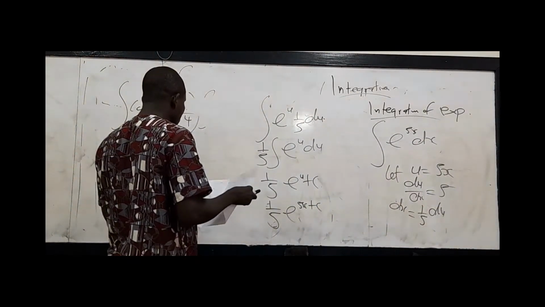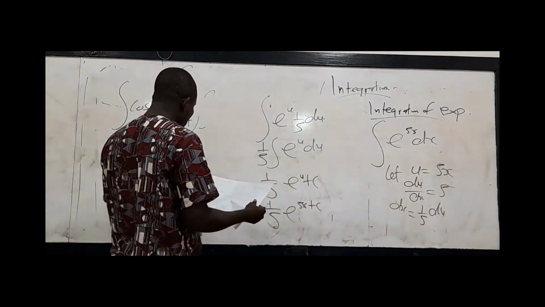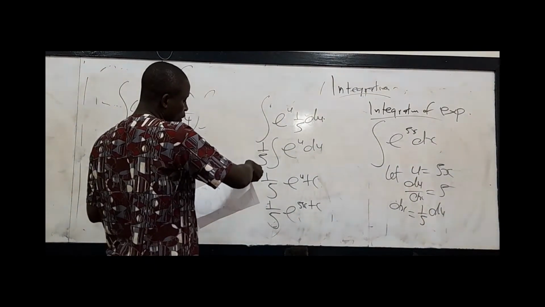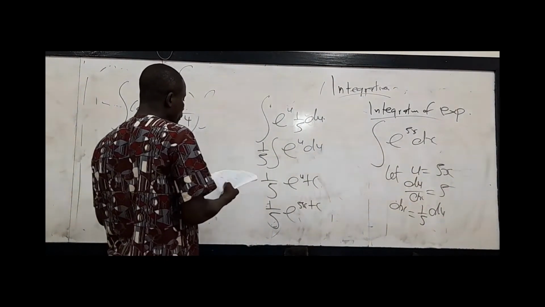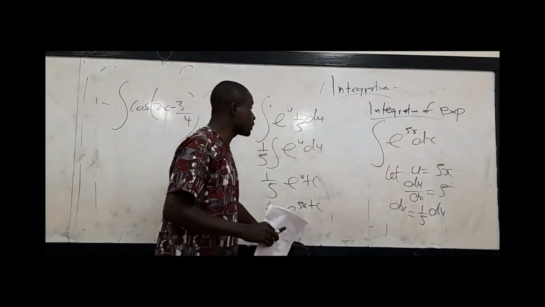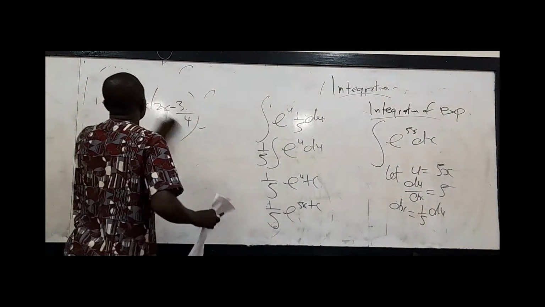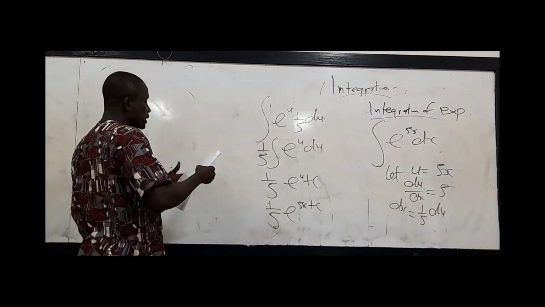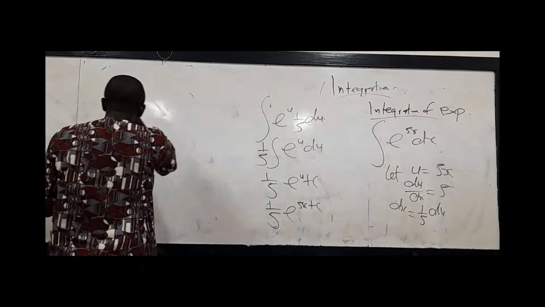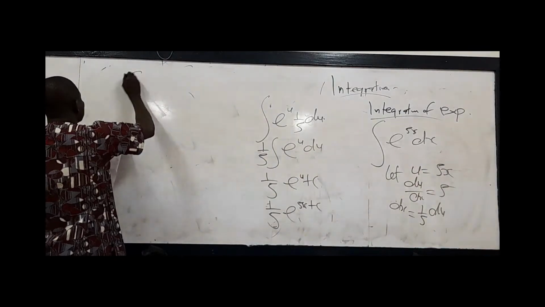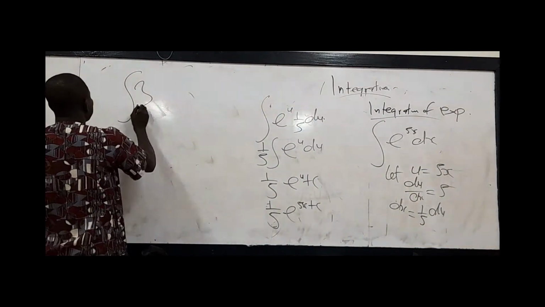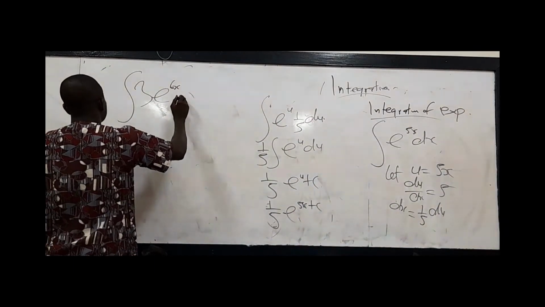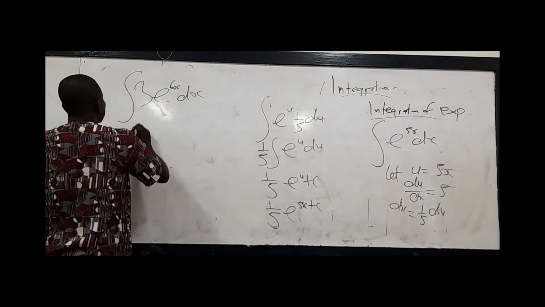Okay, that's the 12. And we have many of them. So what I'm going to do is that I'm going to give you some of them. Then you will try your hands. After that, you can compare your answers and know whether you are right or wrong. So I'm giving you this together with the answers. Try and see whether you will also be working to get it. One of them is this: the integral of 3e^(6x) dx.